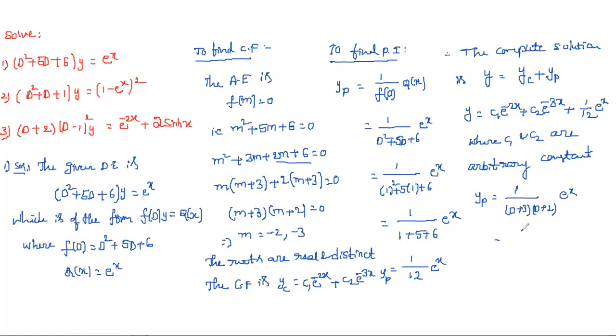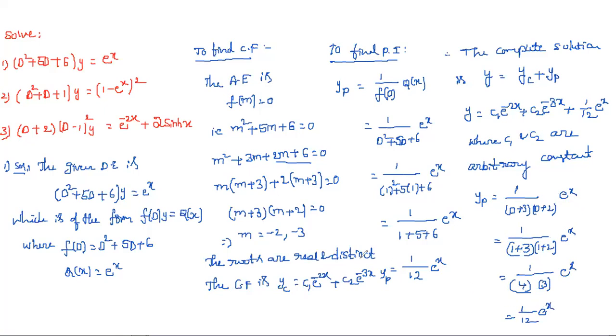Here we can substitute in place of D as 1. Then 1 plus 3 into 1 plus 2 into e power x. So this is 1 by 4 into 3 e power x, which is equal to 1 by 12 into e power x.